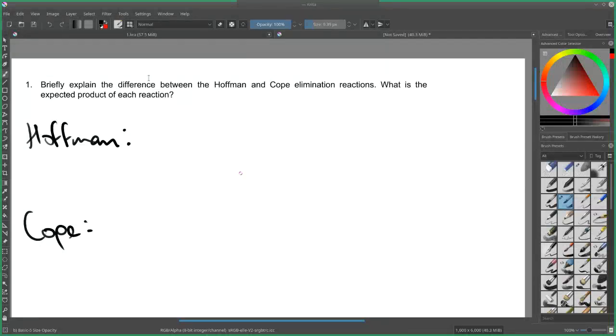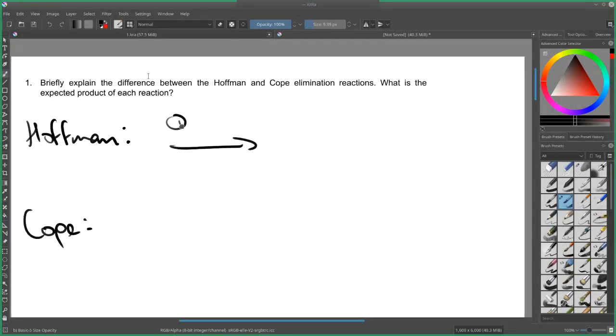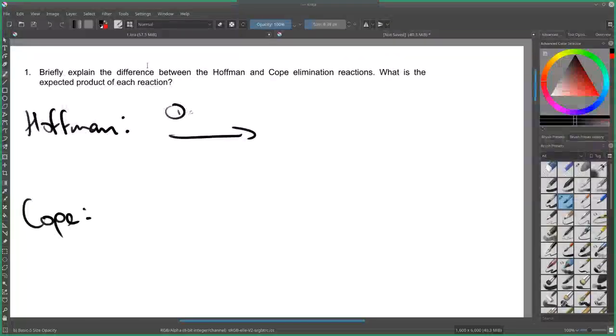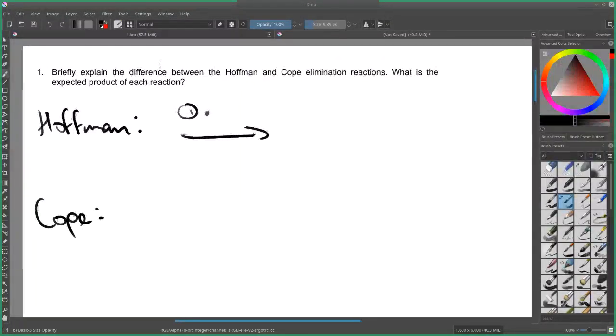Maybe just for the conditions, with the Hofmann elimination, what do you do? What is step one? Has it been that long? No. Okay, so usually what you would do here is you have your amine and then you give it excess methyl iodide.